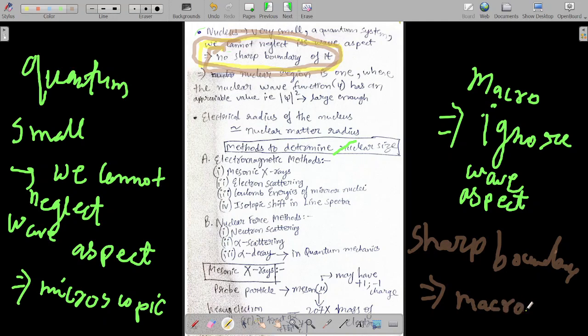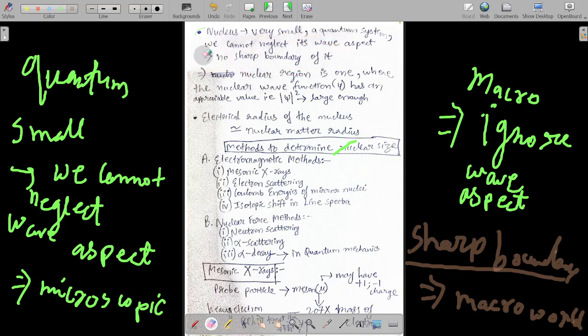For the macro world there is a sharp boundary, but for the micro world there is no sharp boundary. If you have learned quantum mechanics, I have taught you all of these things there, so I don't think there is any need to explain this further.